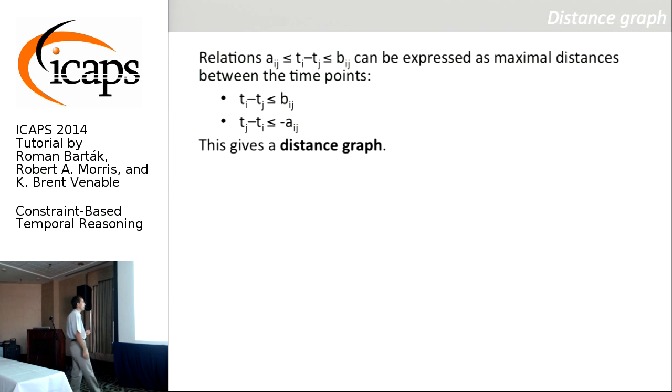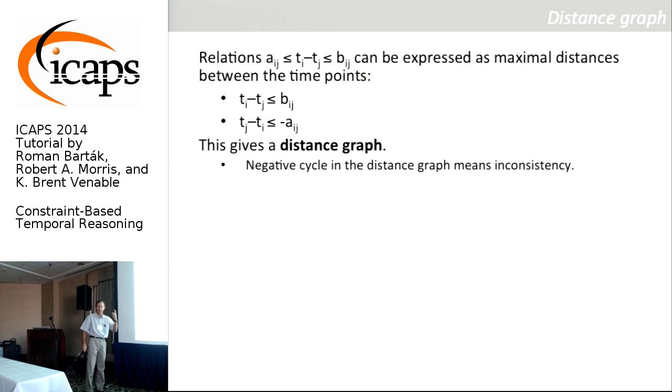So now we obtain a distance graph, and if we find a negative cycle in this graph, it means inconsistency. Because it means that something should happen before it actually happened, right? So that's like A before B, before C, before A. So that's the same here. So a negative cycle means inconsistency.